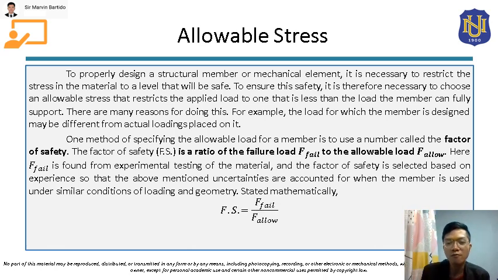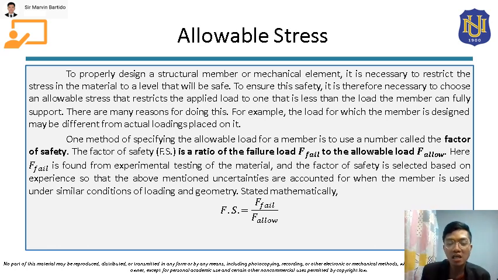So the formula for the factor of safety is equal to the failure load over the allowable load. Again, the failure load can be found from testing, experimental testings of the material.